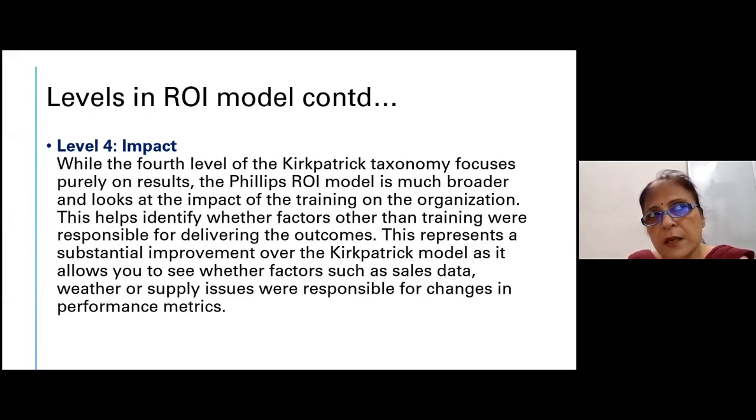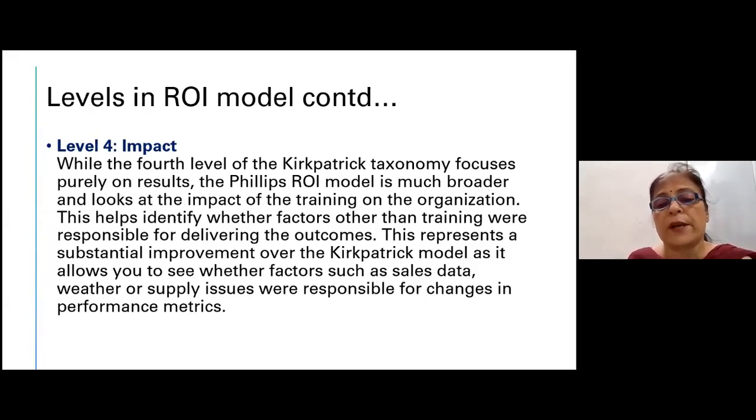When I was discussing the Kirkpatrick model and the Kirkpatrick-type models, I said they are hierarchical models, like inputs given in the first few levels really have an effect on the later levels. This is true for the ROI model also. In fact, it should be step by step, like all the levels should be done.